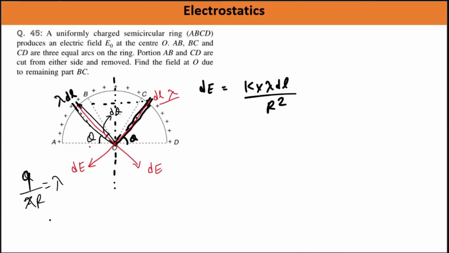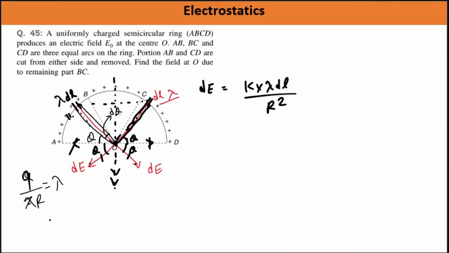Now, if you deal with these two electric fields, you can see clearly that each dE has two components, one along this direction and another along this. If this angle is theta, this is theta, so these are dE cos theta, dE cos theta. They will get cancelled and dE sin theta gets added.